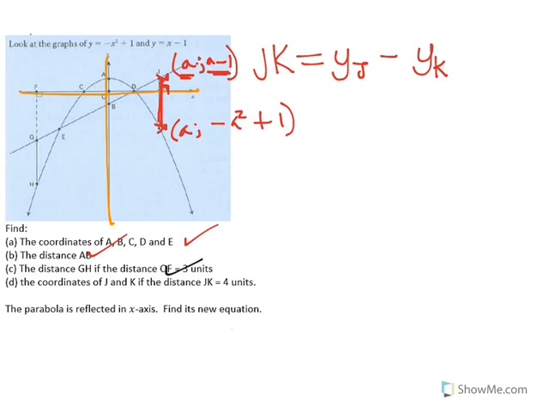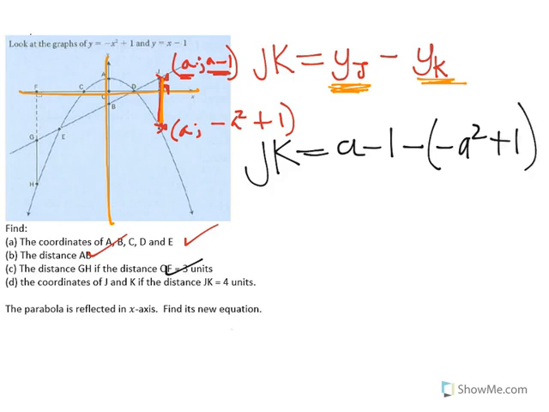Right? And so to find this distance, we subtract the y coordinate of K from the y coordinate of J. So y coordinate of J minus y coordinate of K, like we did for the past 2 questions. And so JK is equal to A minus 1 minus a squared plus 1.